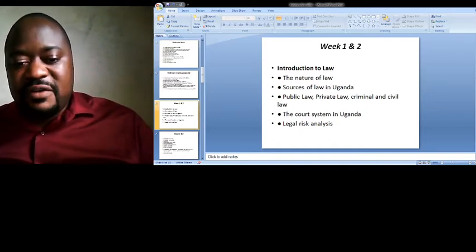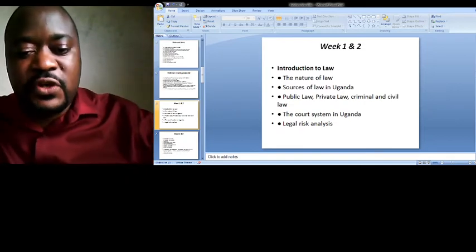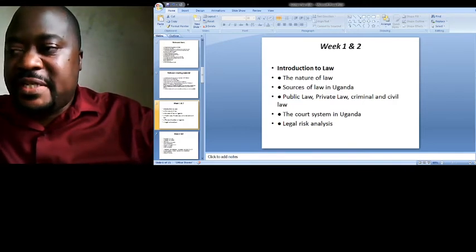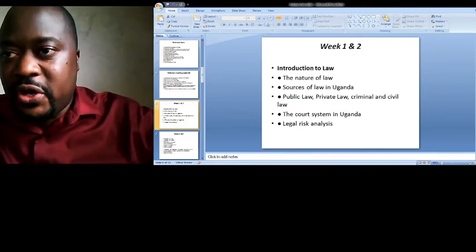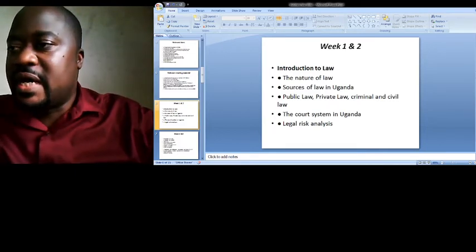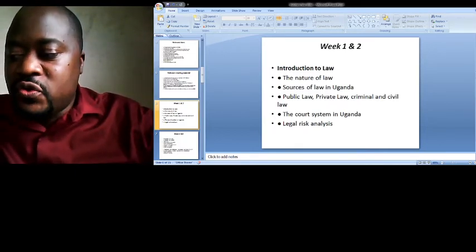It is also important for you to look at the different sources of law in Uganda. If you want a particular law, maybe criminal law, maybe civil law, maybe commercial law, where do you go to?